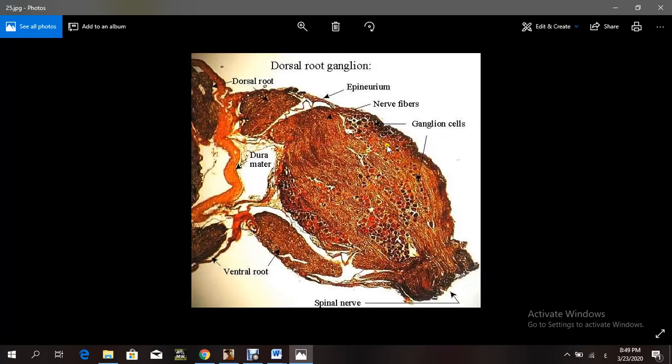With silver stain, this is a dorsal root ganglia. We said osmium or silver stain is used to stain the lipids, to see the lipids. Those are the neuronal cell bodies within the dorsal root ganglia. Which type of neuron? Unipolar neurons. Again, they are aggregated in groups, not distributed all through the ganglia.